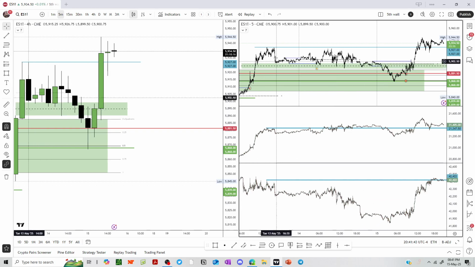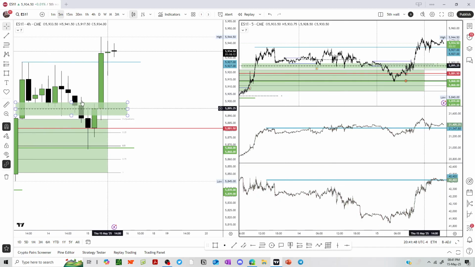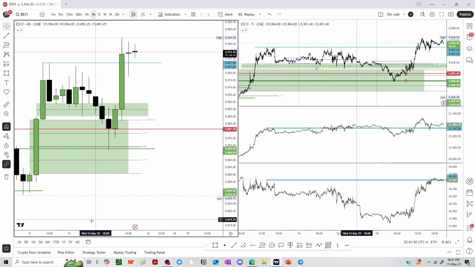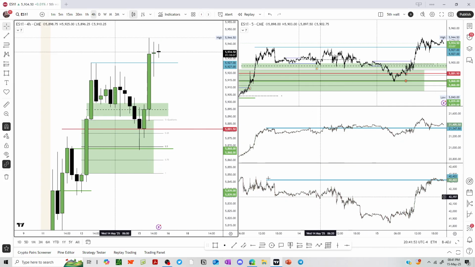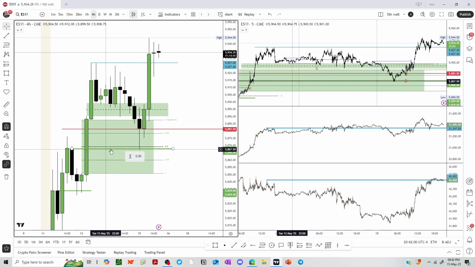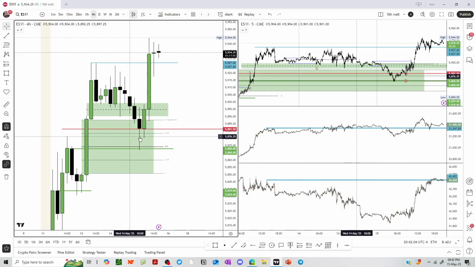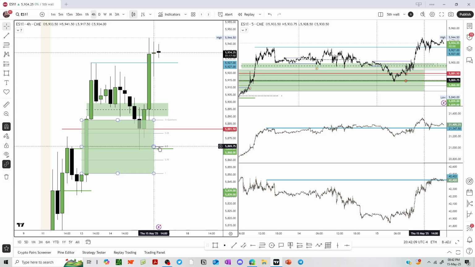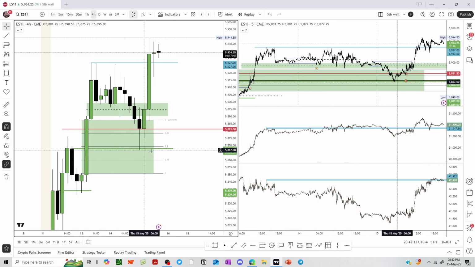So the YM and ES failed to go higher. This is your divergence, supporting prices lower. Where can we anticipate price going due to these divergences? Into a discount array. In this case, again, the propulsion block or some quadrant of this bullish fair value gap. And then obviously, as we discussed, trading down into that propulsion block or the consequent encroachment of this fair value gap and pushing prices higher.